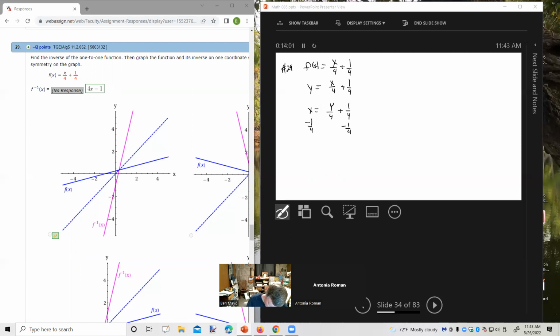Subtract 1/4 from both sides. x minus 1/4 equals y over 4. Multiply both sides by 4. 4x minus 1 equals y. So f inverse of x equals 4x minus 1.